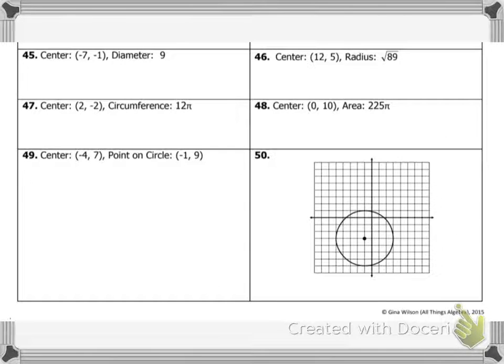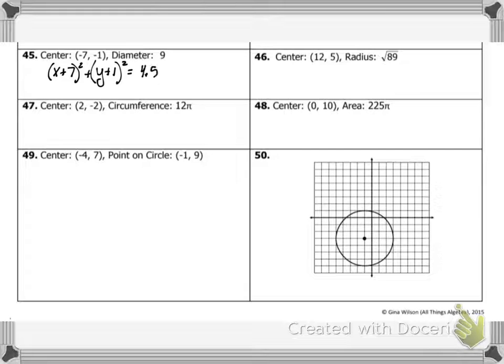Alright, on 45, same thing. If my diameter is 9, my radius is 4.5. X minus negative 7 is x plus 7. Y minus a negative 1 is y plus 1.